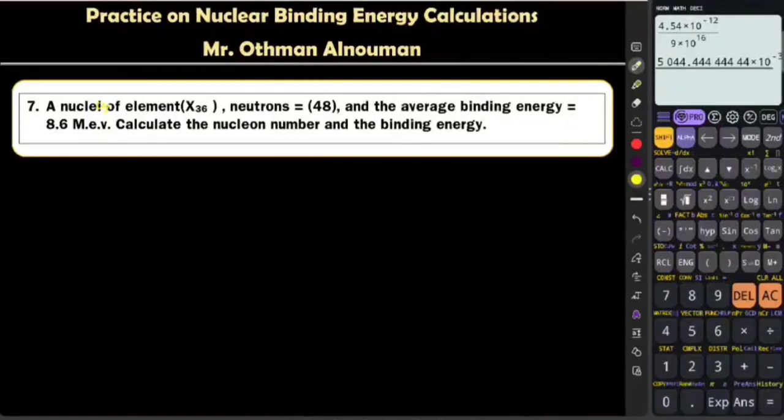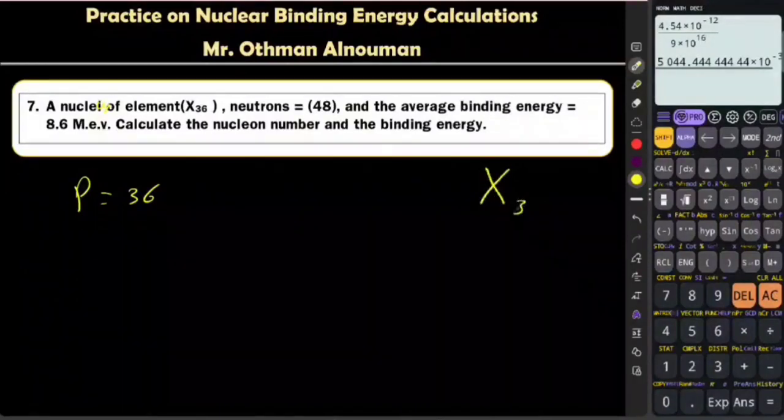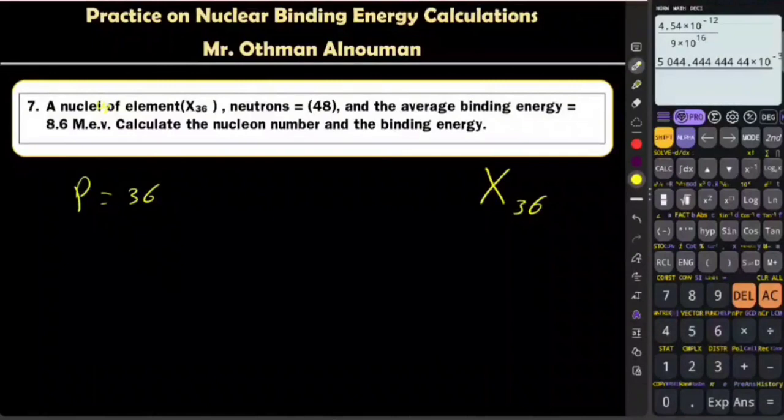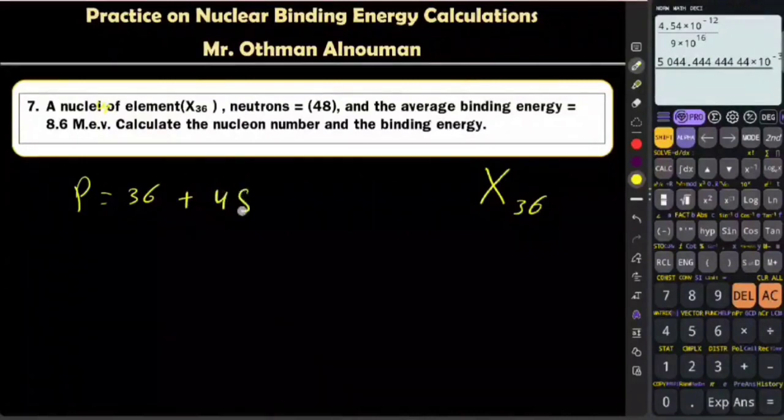The nucleon number here, we have protons. The protons are 36, which are here, X36. Now it has 36 protons, and the neutrons are 48. These are the neutrons.